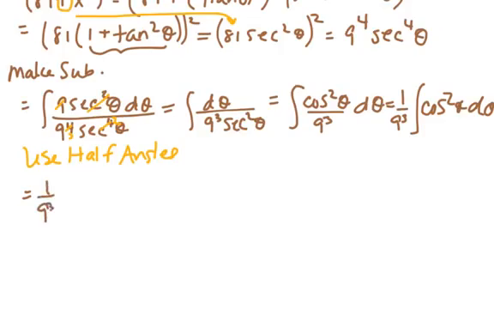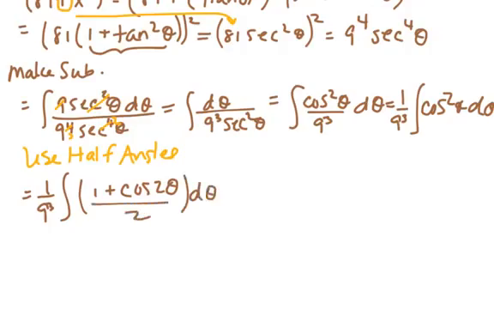1 over 9 cubed, the integral of 1 plus cosine 2 theta over 2 d theta. So I'm going to continue to drag this constant along, and actually, I want to pull out the half here. So why don't I just resolve it? I'm going to pull out 1 over 9 cubed times 1/2.